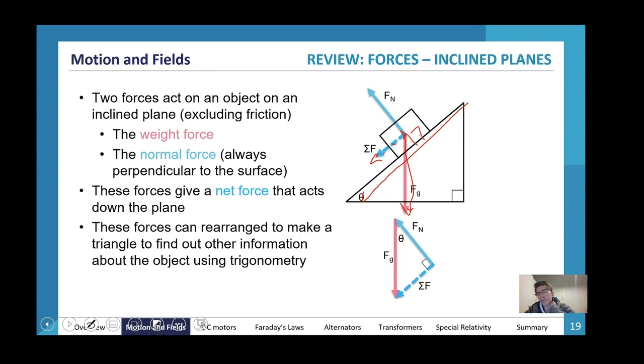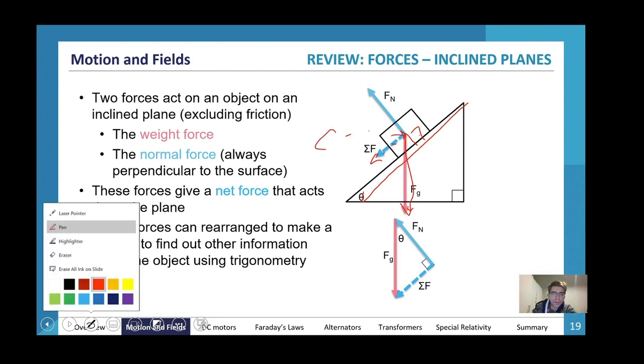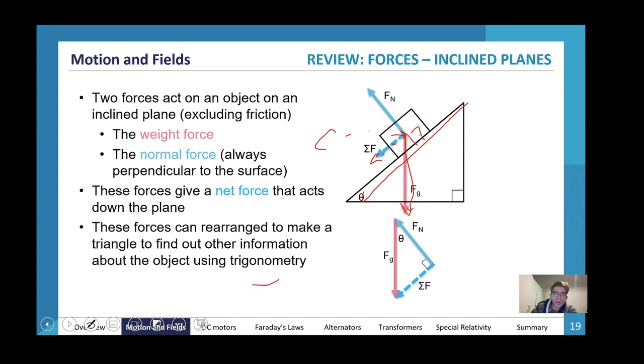But if the question is about a banked track, then the net force would have to be going towards the center of the object's motion, because a banked track is like a velodrome.